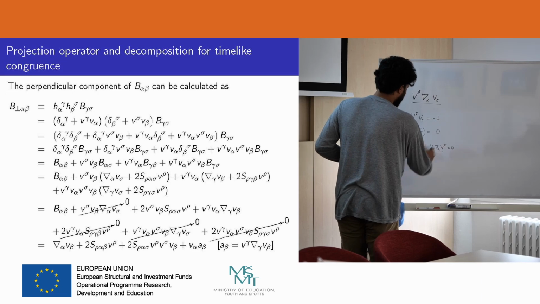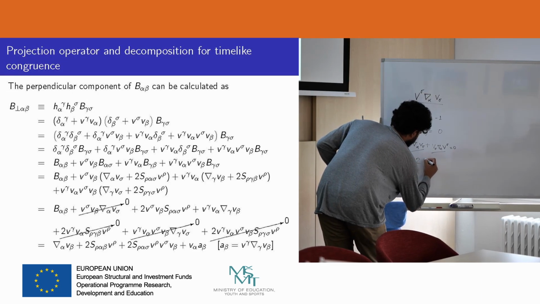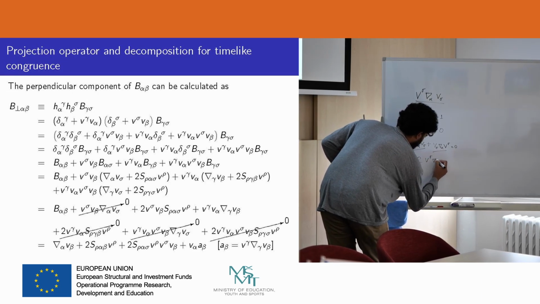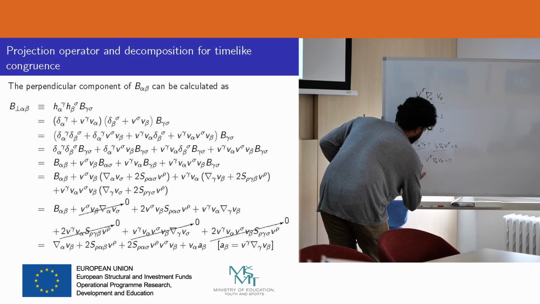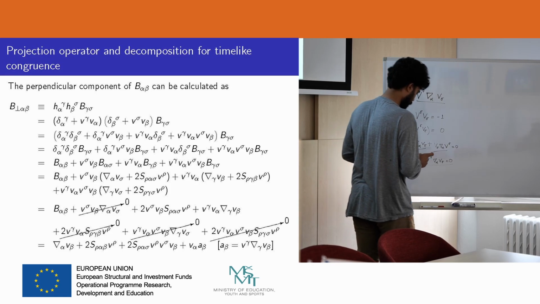So we have 2 times V sigma nabla sigma V sigma equal to 0. So basically we can say that this is 0.